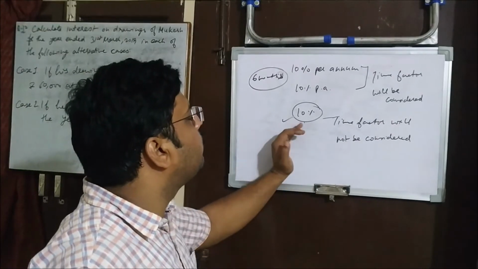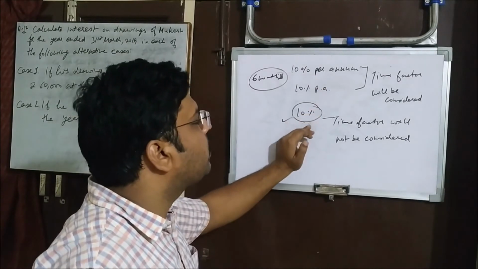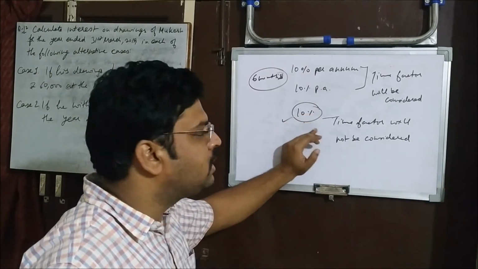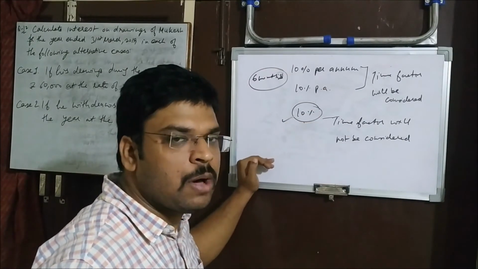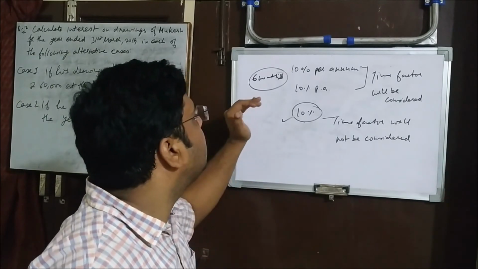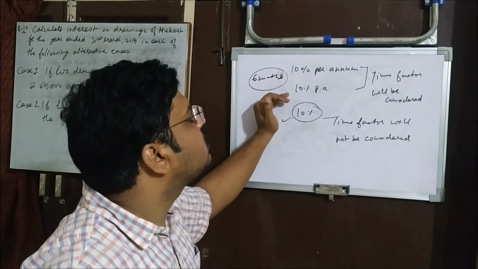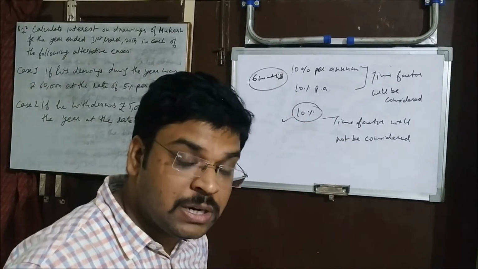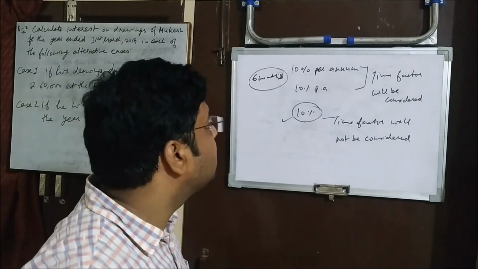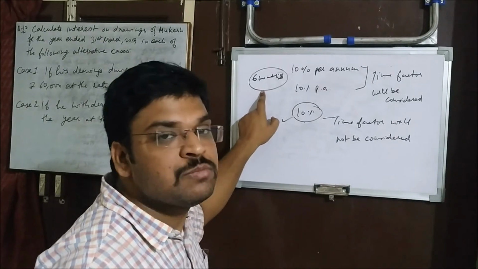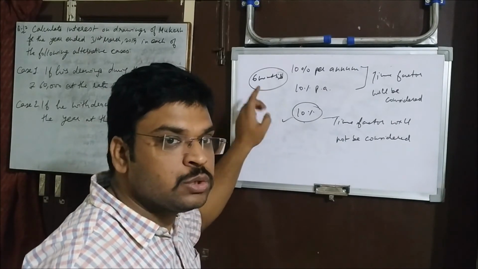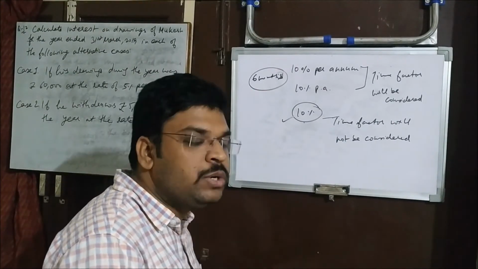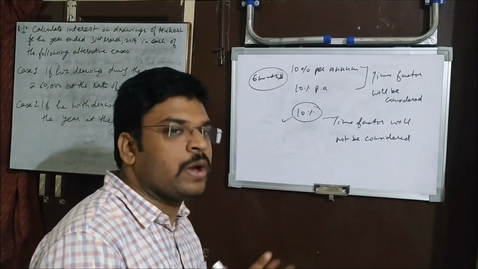One, when PA means per annum is not mentioned, only rate of interest is mentioned, time factor is ignored, directly on the amount it is calculated. And another, when rate of interest is given, per annum is also given, and time factor is not given but it has to be considered, in that case it will be taken as 6 months on an average. Understood? So let's understand that very minutely with the help of one question.